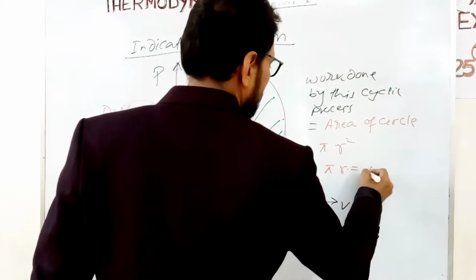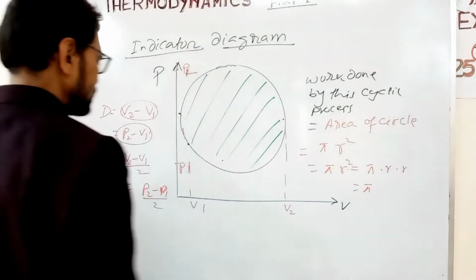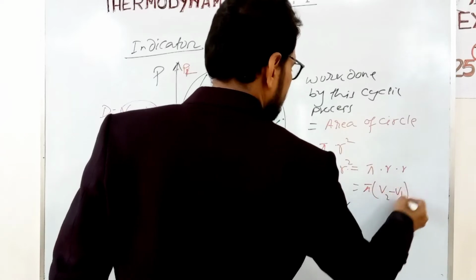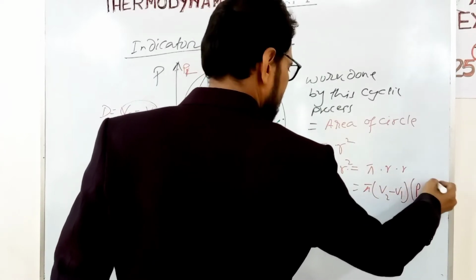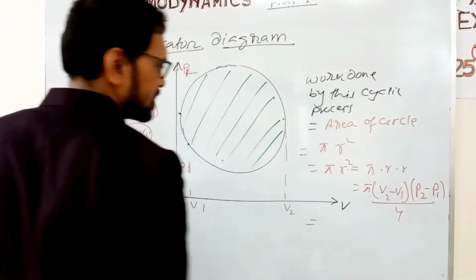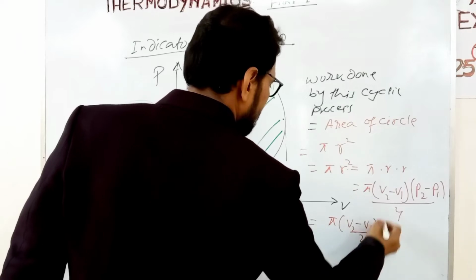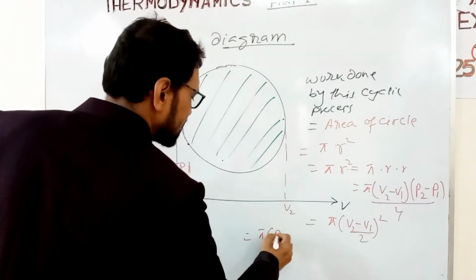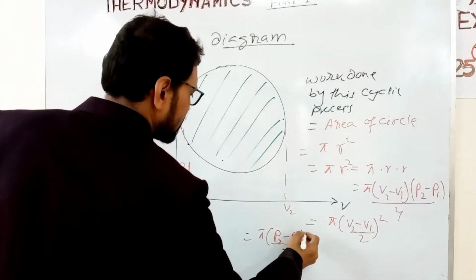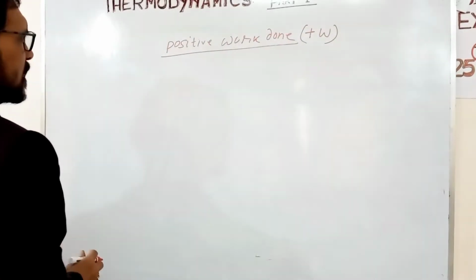So pi r into r equals pi (V2 minus V1) into (P2 minus P1) by 4. So this is the result. Also it can be written as a whole square.